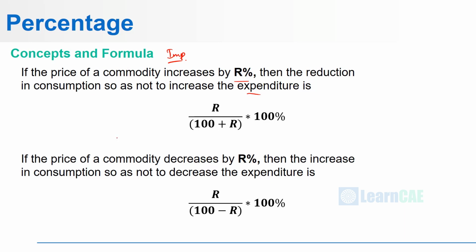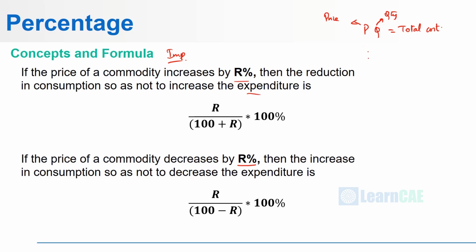same. And next one, if the price of a commodity decreases by r percentage, then the increase in consumption so as not to change or decrease the expenditure is r by 100 minus r into 100 percentage. So to elaborate this, if p represents the price of a particular commodity and q represents the quantity, then the product of p and q will be equal to the total cost.